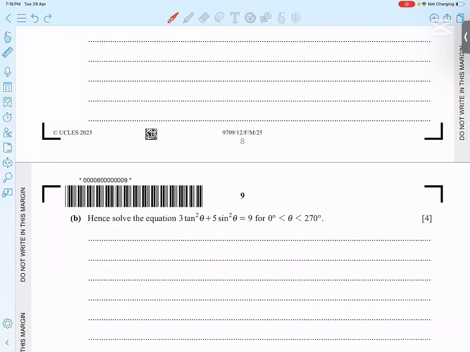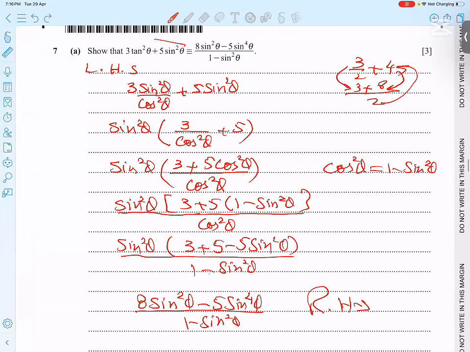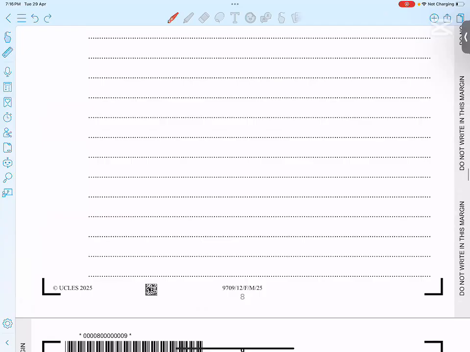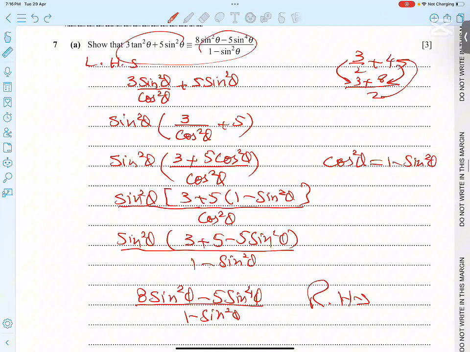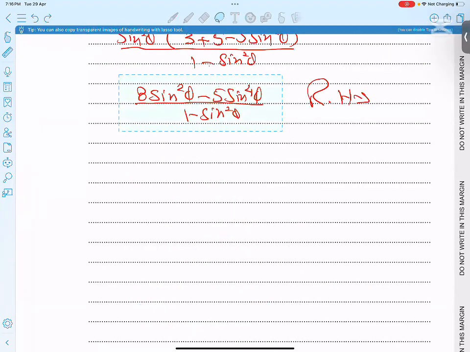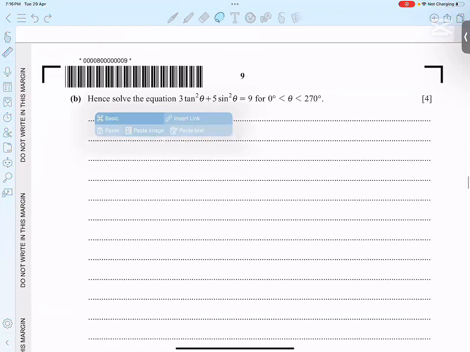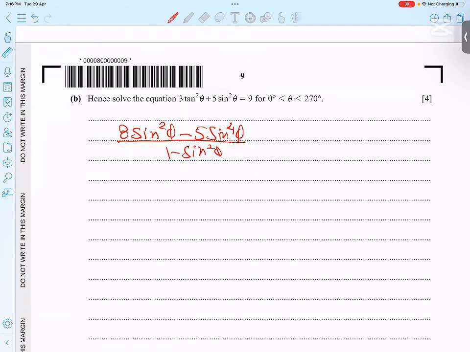Is it totally the same? I mean to say this is the same. So let me check the numbers. 3 and 5 match. Yeah, 3 and 5 match. So what I will do, because this equals that, I mean this equals this, I'm going to replace it in the next question. So this I'm copying from here and I'm pasting here. Done. And equals what? 9, which is given here.